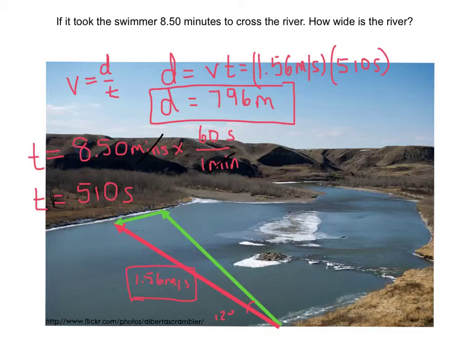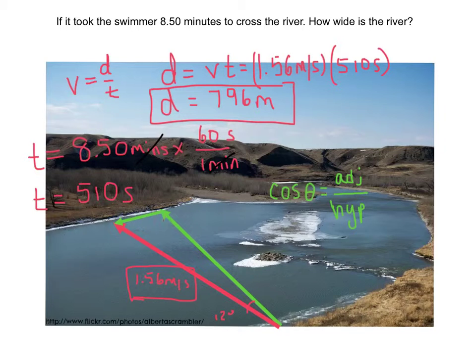That's not going to be the actual length of the river, because I still want to solve for this vector right here. So to solve for that side, I'm going to use cosine, because the cosine of theta is going to be equal to the adjacent side of the triangle over the hypotenuse. And when I'm looking at this angle here as my reference point, the adjacent side would be the one beside it.